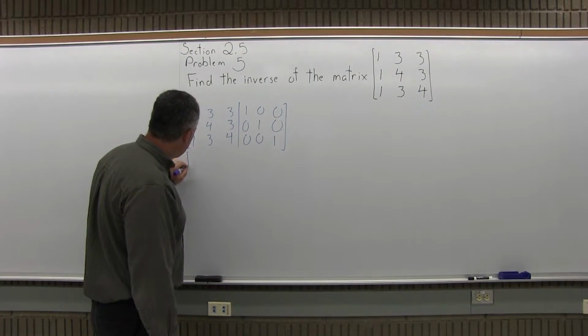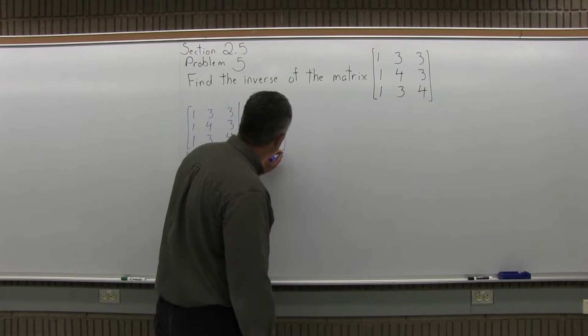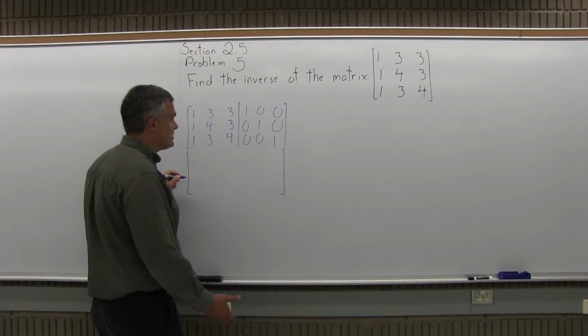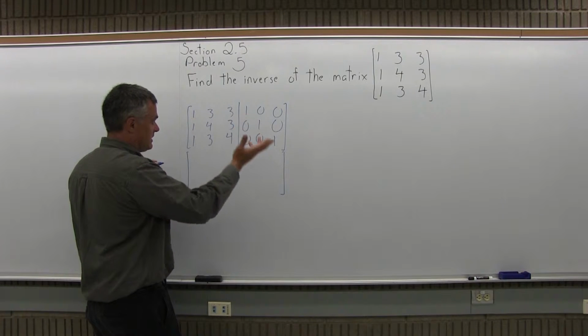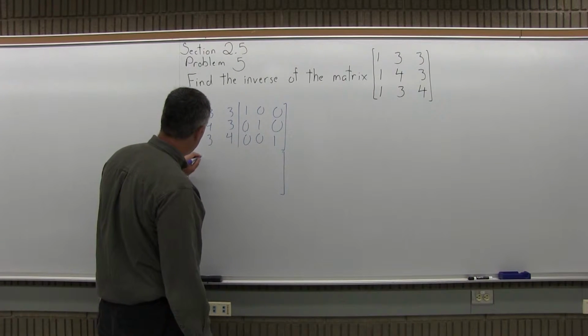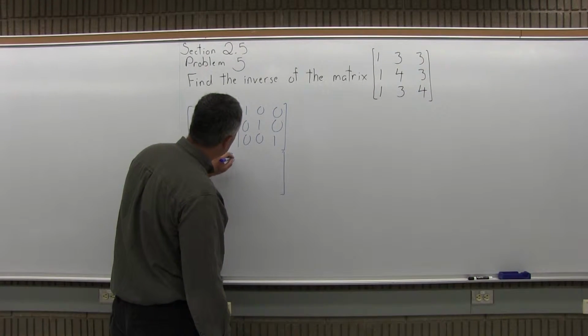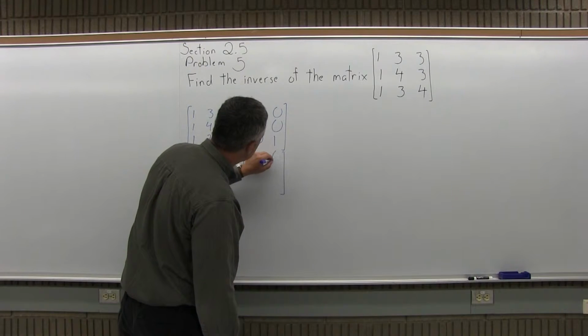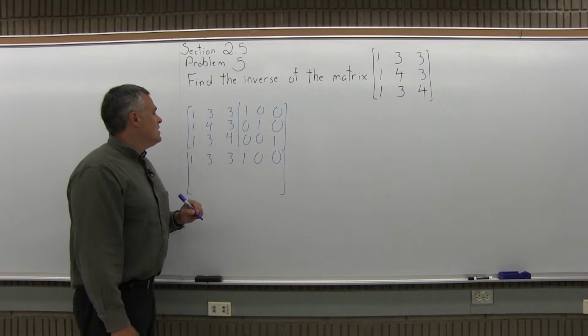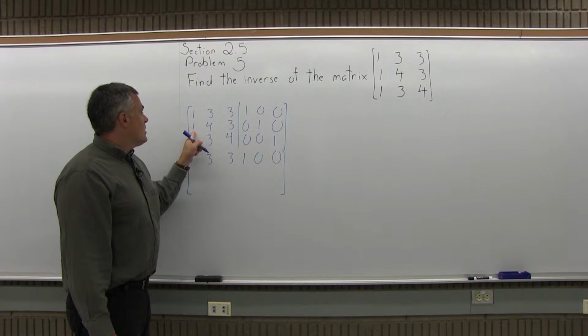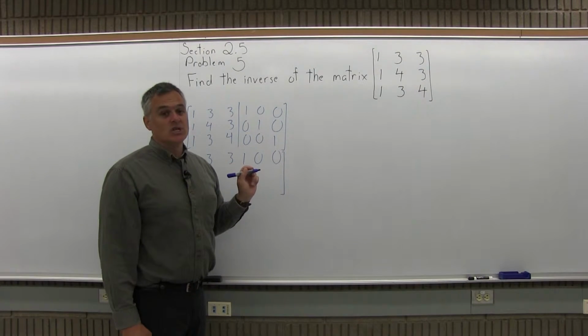So as I set up the next matrix, the top row can stay. I don't want to change anything. It has a 1 where it needs to be, so the top row will stay 1, 3, 3, 1, 0, 0. Now as I move into the second row, the value in that first column of the second row has got to be changed into a 0.